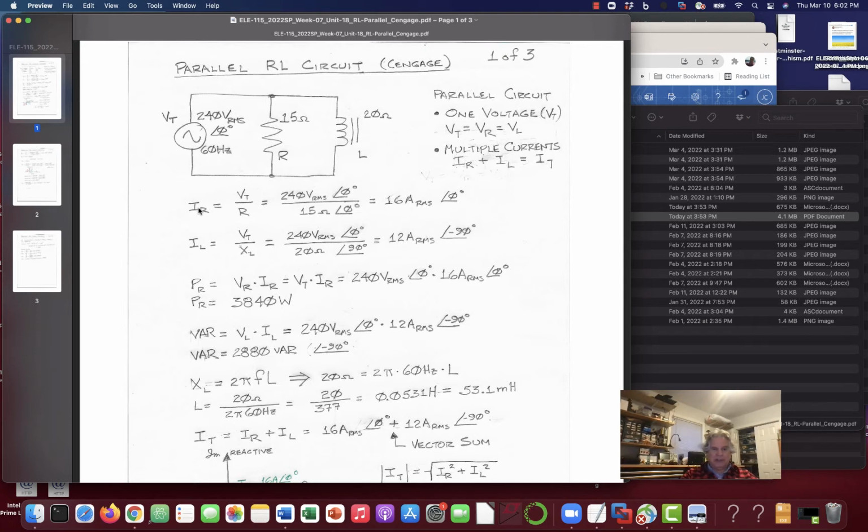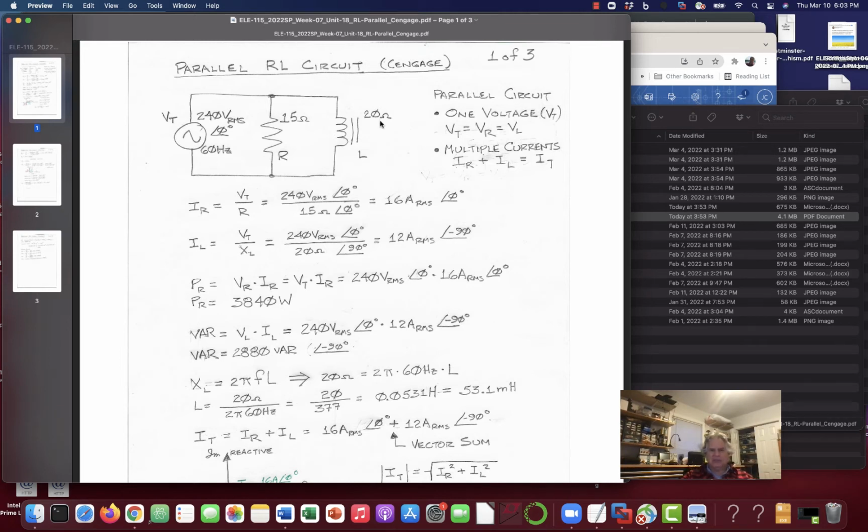Again, it's Ohm's law. IR equals the total voltage across that resistor divided by R, and we come up with 16 amps RMS. The voltage is 0 degrees, the resistor is at 0 degrees, and so that current is at 0 degrees. The current through the inductor, however, we have 240 volts RMS at 0 degrees divided by 20 ohms, and in this problem they give you X sub L. You don't have to compute it.